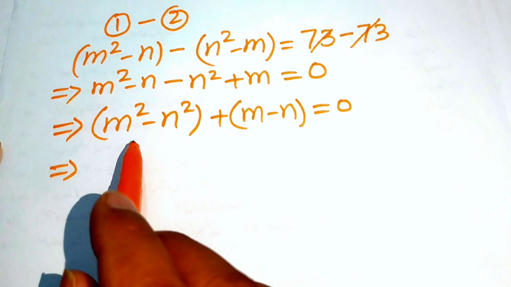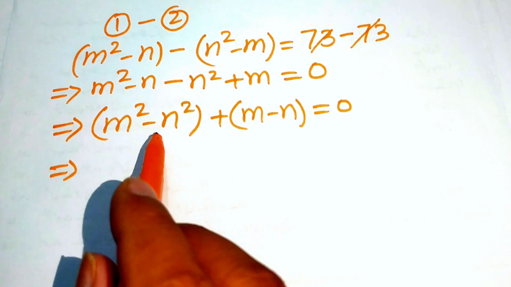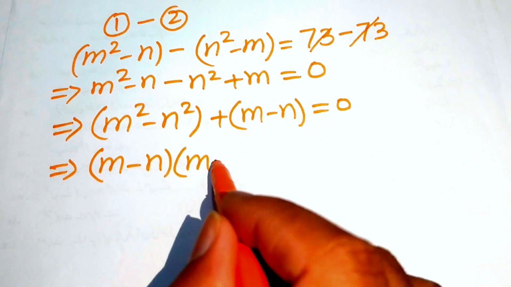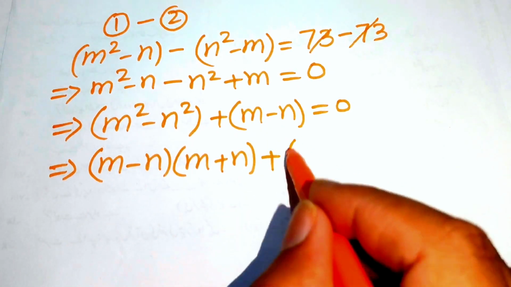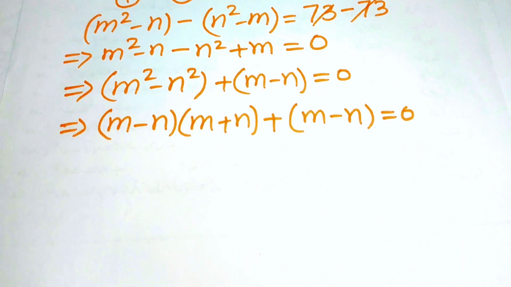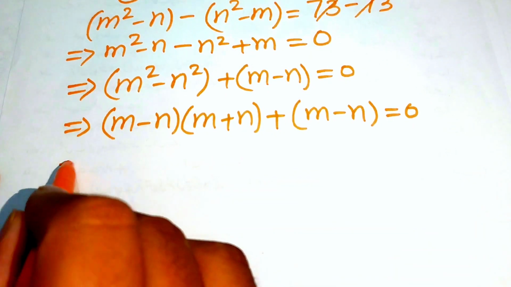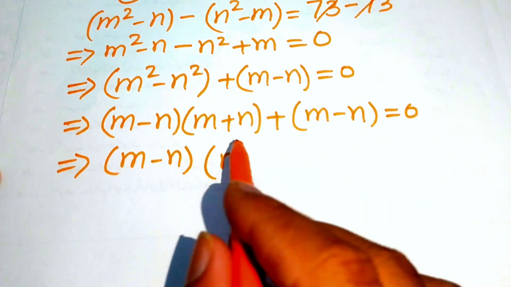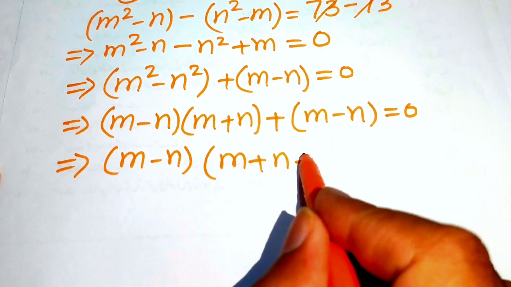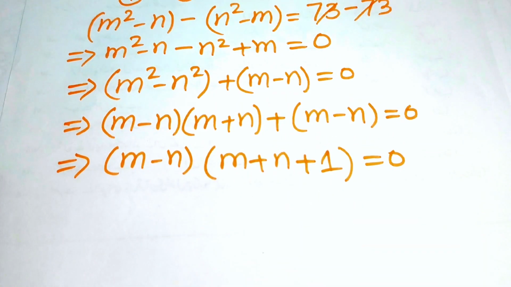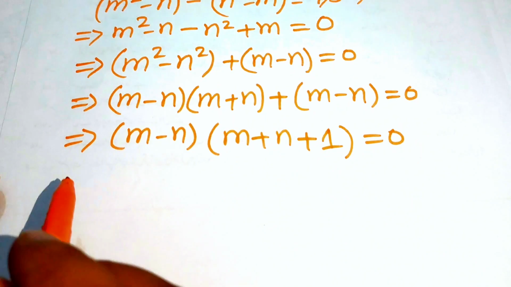In the first factor we use the nice algebraic identity, and we know that m squared minus n squared equals (m minus n) times (m plus n), plus m minus n equals 0. Now we see that m minus n is the common factor, so we take common m minus n, and we get m plus n, and plus 1, and this whole equation equals 0.